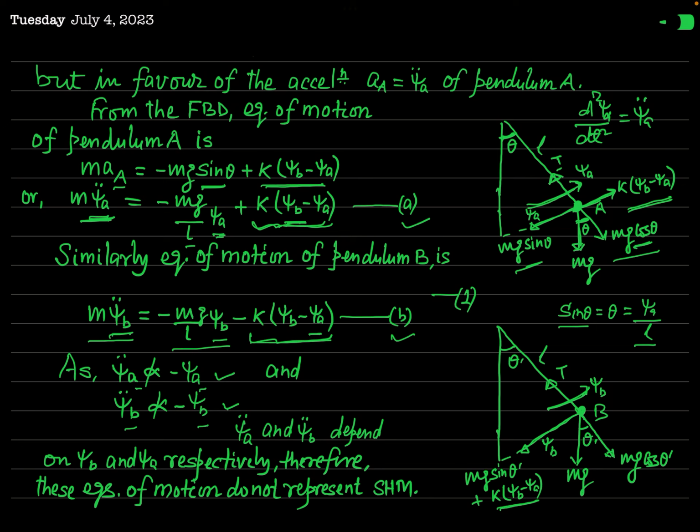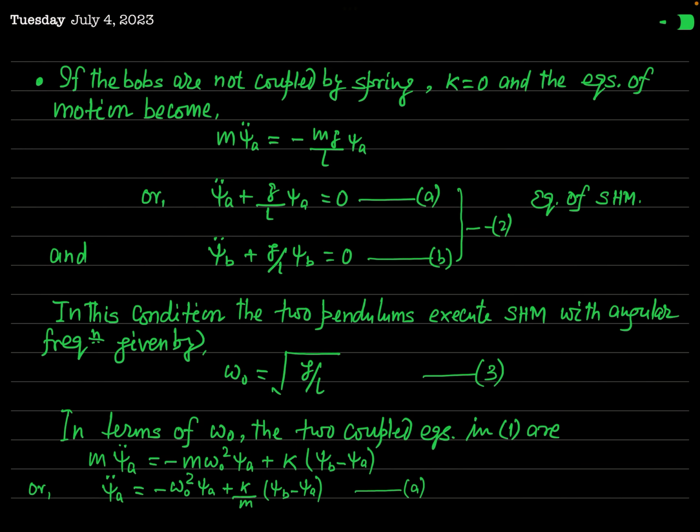But let us see what will happen if we consider that the two pendulums are uncoupled. They are not coupled, as the coupling agent here is a spring. If we imagine that there is no coupling between the two pendulums, it means the spring is absent, and if the spring is absent, there will be no spring force, and you can take k equal to 0.